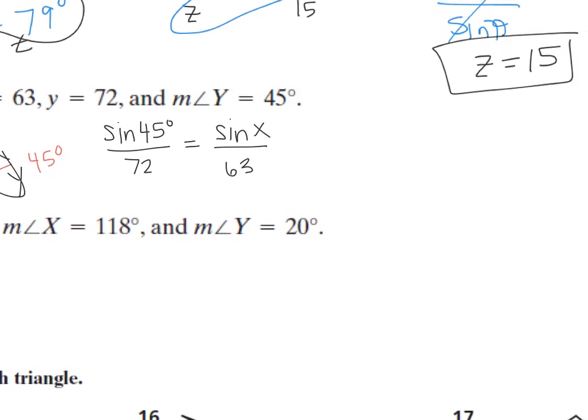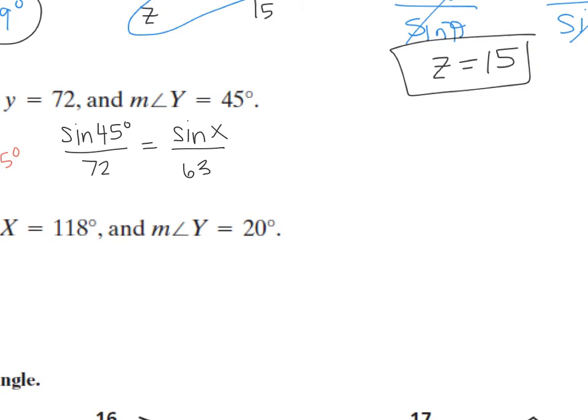Now I'm going to cross multiply, and I get 63 sine of 45 degrees equals 72 sine of x. Now I divide both sides by 72. So now I have sine of x equals 63 sine 45 degrees over 72.